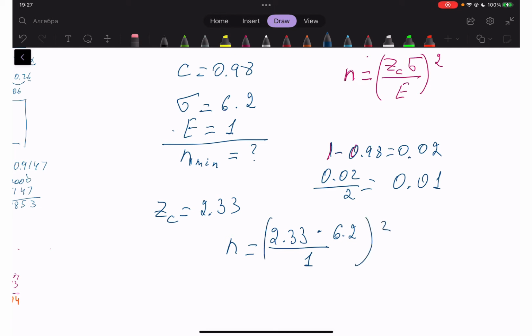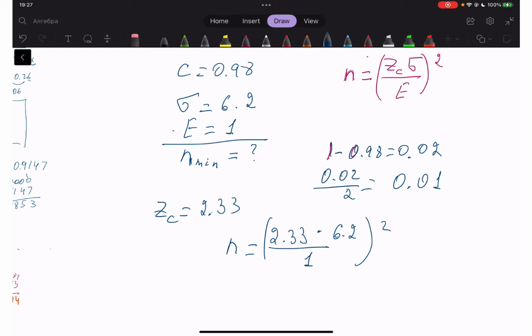Okay, to go fast, let me take a calculator. 2.33 times 6.2, okay, 14.446.